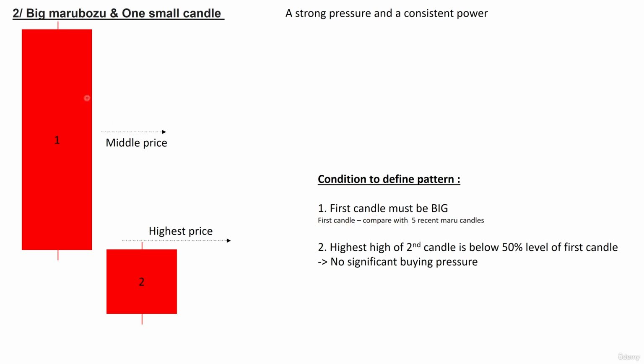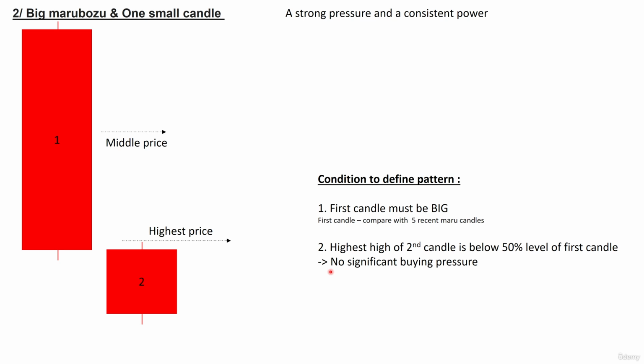Compare the first candle right over here with the recent 5 Maru candles on the left side, like we already did in the last example. And at this time, for the second standard, we will compare the highest high of the second candle right here with the middle price of the first candle right here. And this highest high must be lower than the middle price of the first candle.